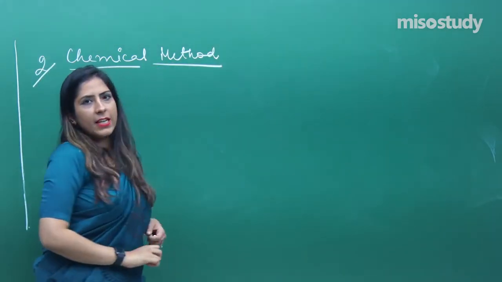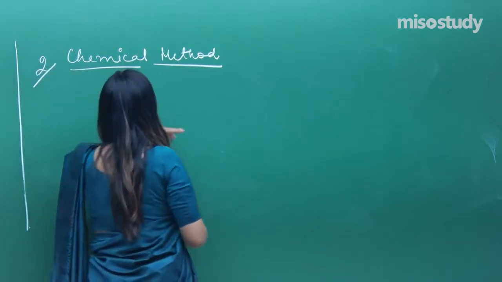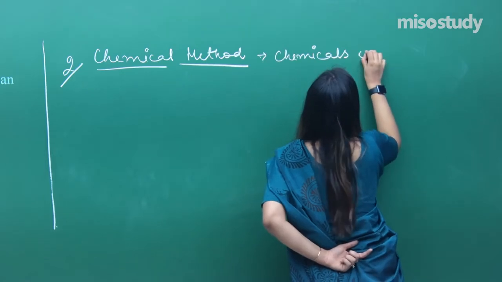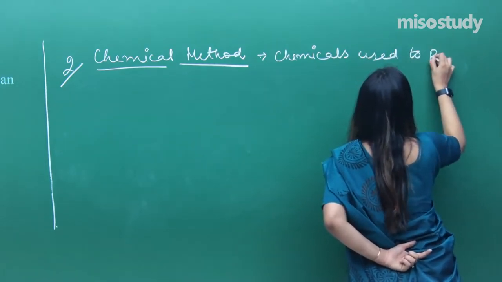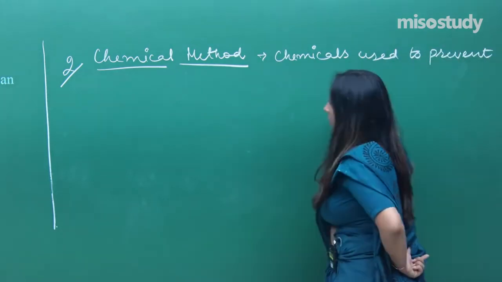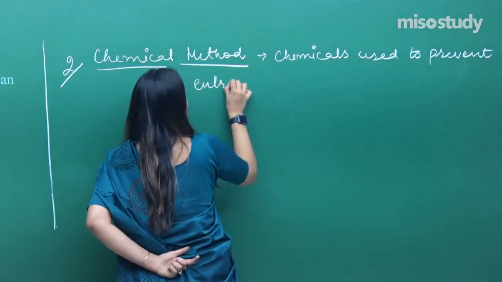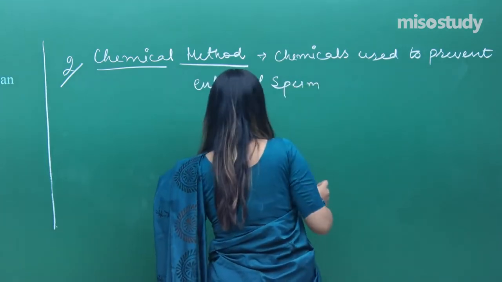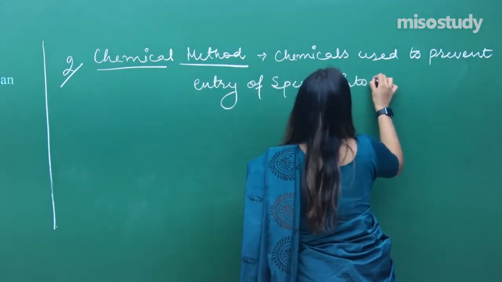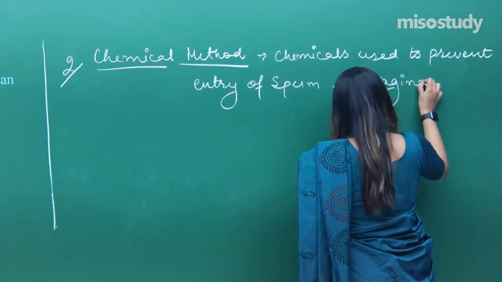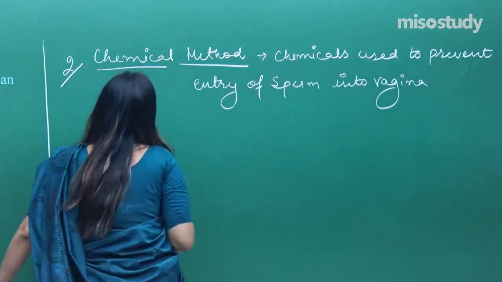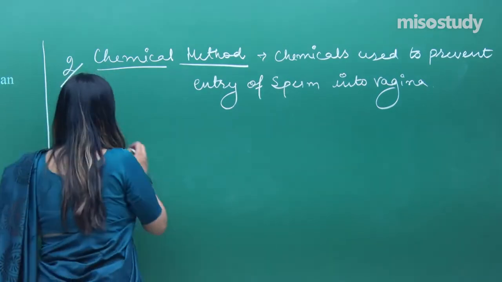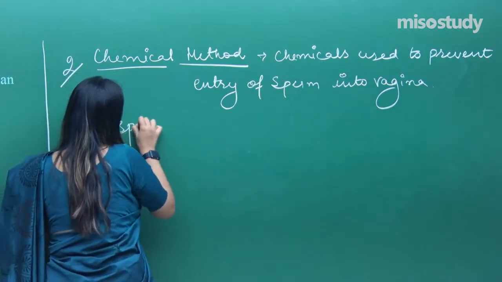As the name indicates, chemical methods means chemicals are used to prevent the entry of sperm into the vagina. Right? Now, the case is different. We use some chemicals, that is spermicides.